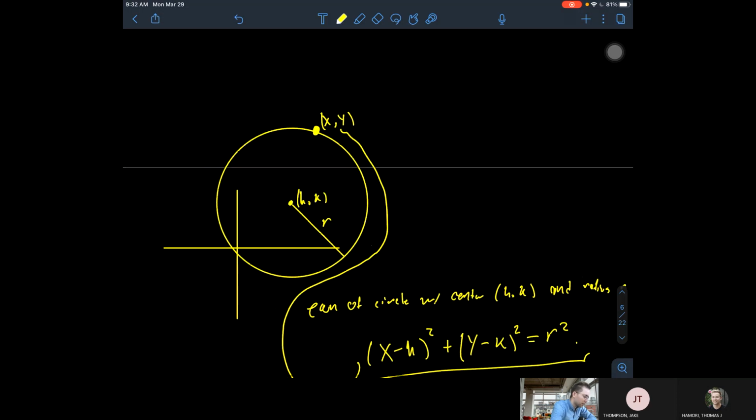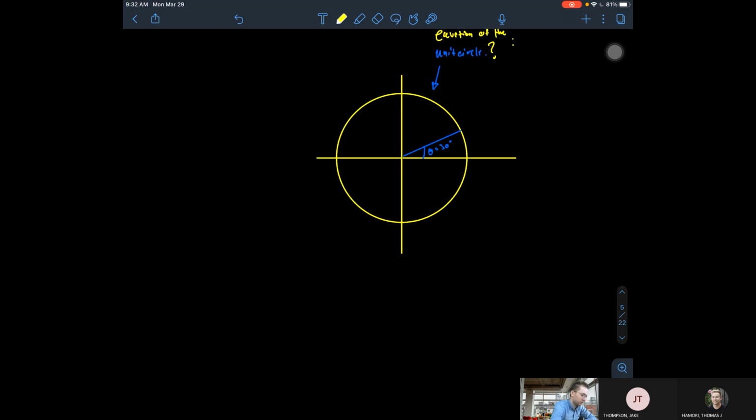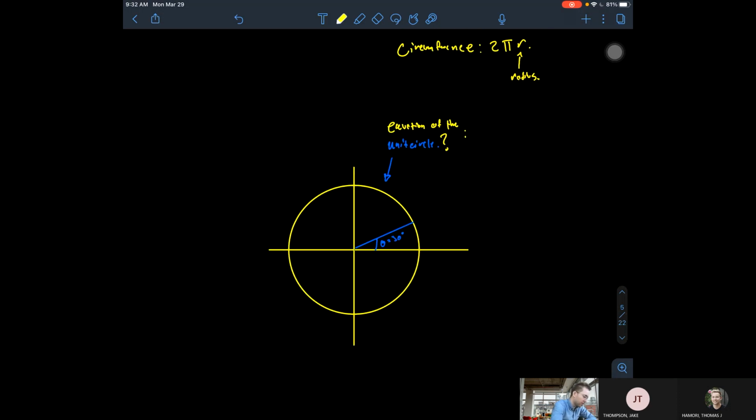So the special thing about the unit circle is the center of the unit circle is 0, 0. And the radius of the unit circle is 1.